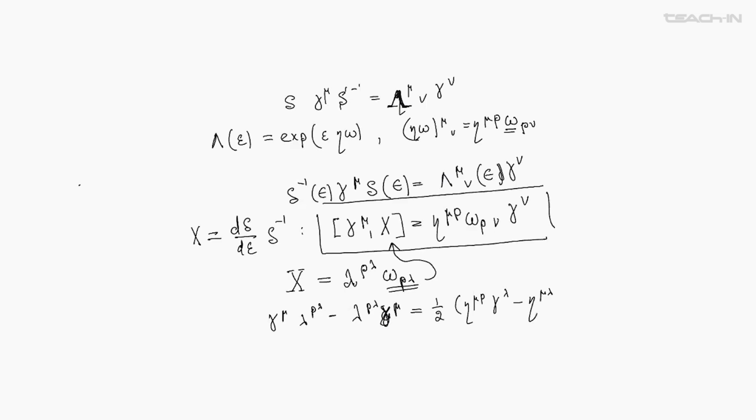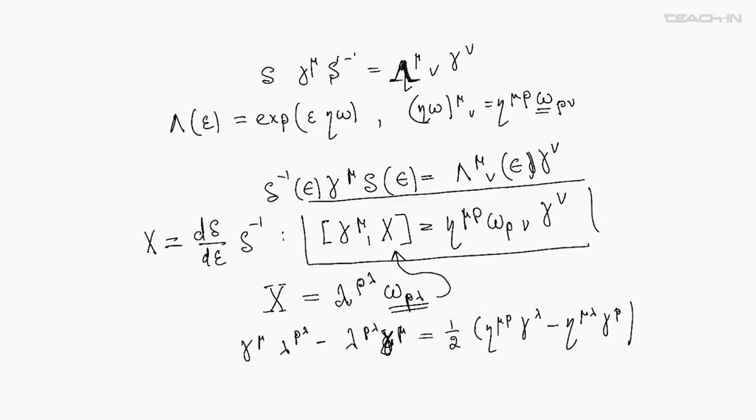So I canceled omega on both sides, and I use the fact that since omega is skew symmetric, omega rho lambda is equal to minus omega lambda rho, we can also take lambda to be skew symmetric.